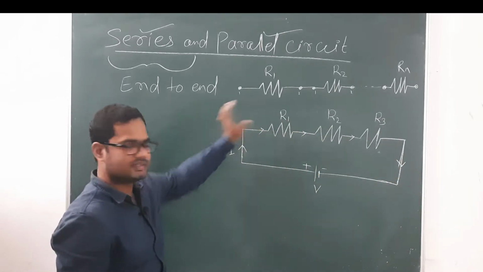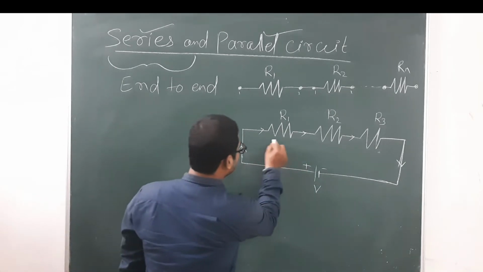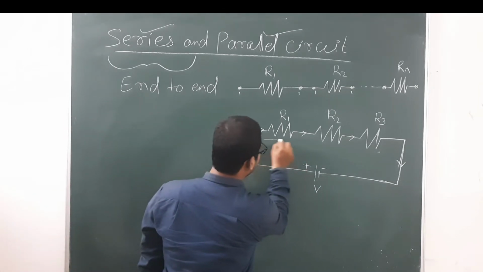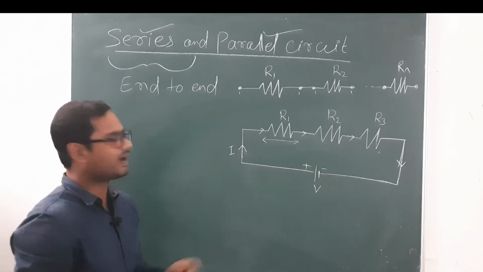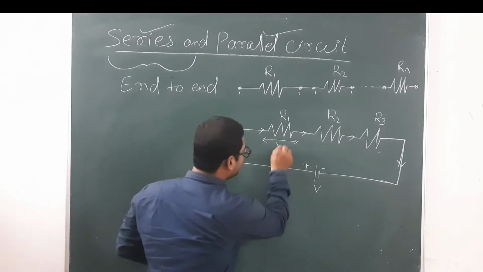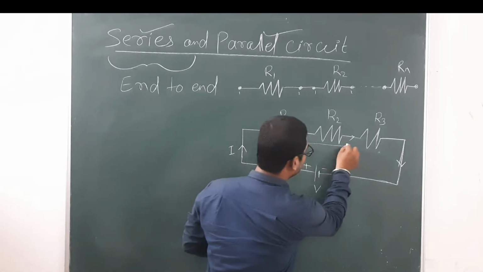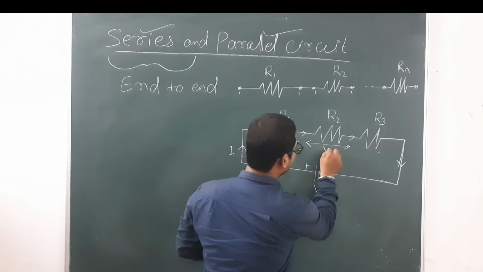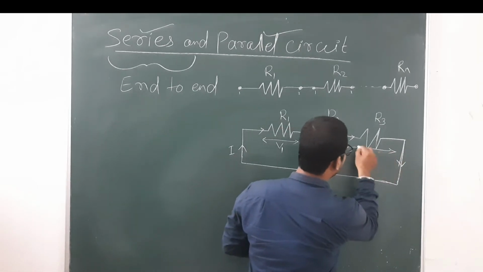If the current value is the same, what will be the voltage value? The voltage across resistance R1 will be V1, across resistance R2 will be V2, across resistance R3 will be V3.